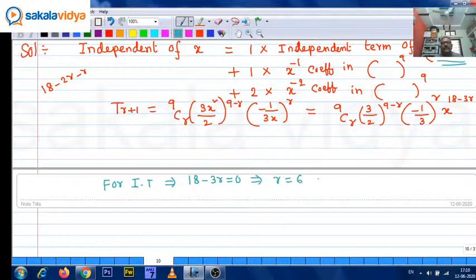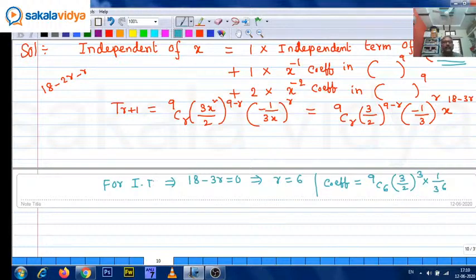So that means the coefficient will be 9C6 (3/2)^(9−6), which is 3, and (−1/3)^6, this into 1/3 to the power of 6. So we need to simplify this one.